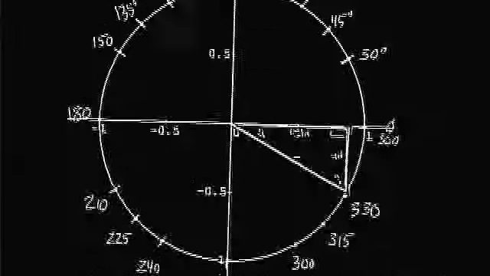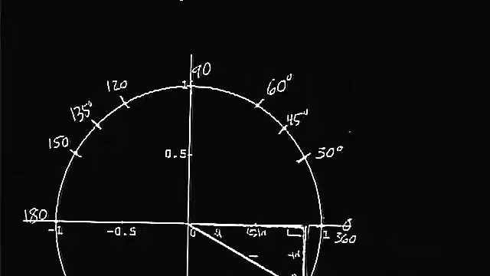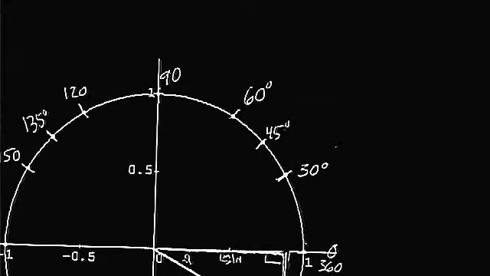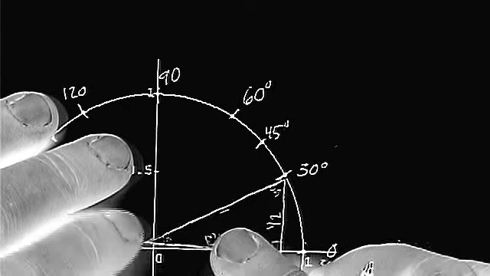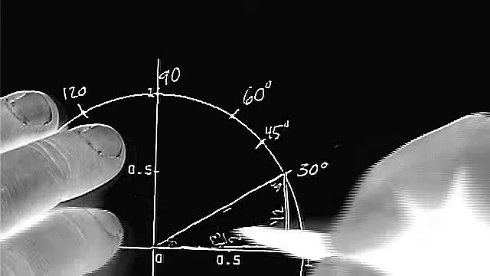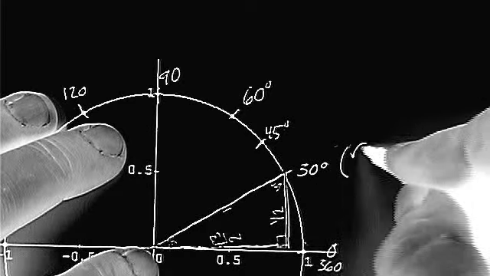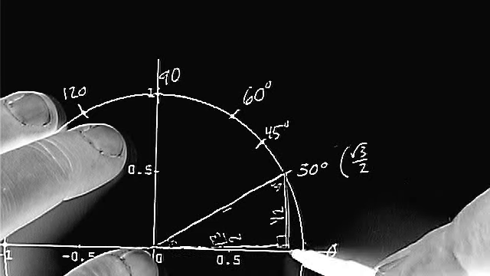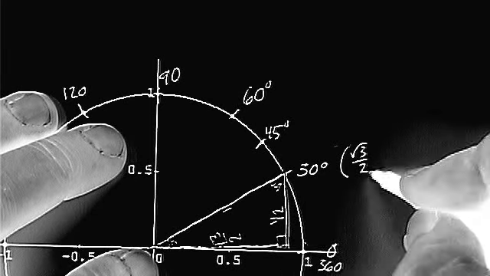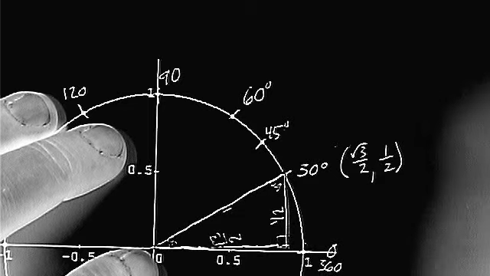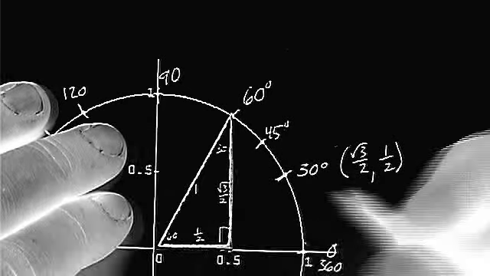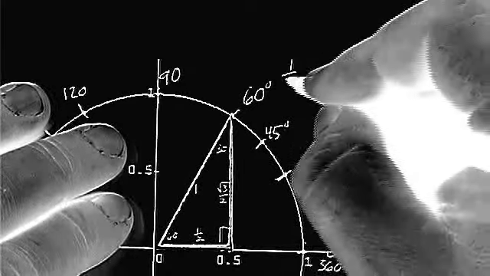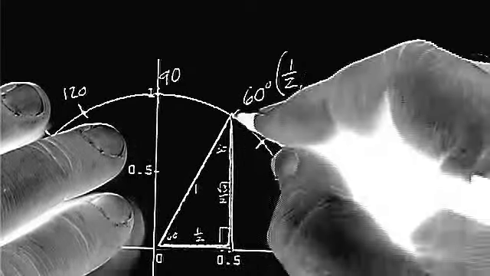So, what are the coordinates of the basic points in quadrant 1? Well, based on this triangle, this is a radical 3 over 2 for x and a positive 1/2 for y. 60 degrees, since it's based on the same triangle, would have a 1/2 for x and a radical 3 over 2 for y.